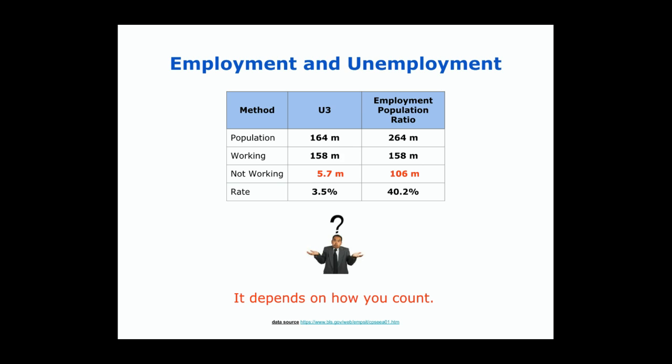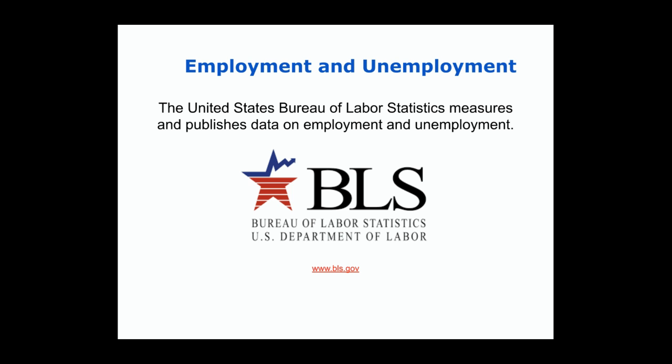So the unemployment statistics are determined and published by the Bureau of Labor Statistics, which is a part of the Department of Labor, and they have a website, BLS.gov, which publishes all sorts of data and charts and graphs on employment, unemployment, and all of these types of things.